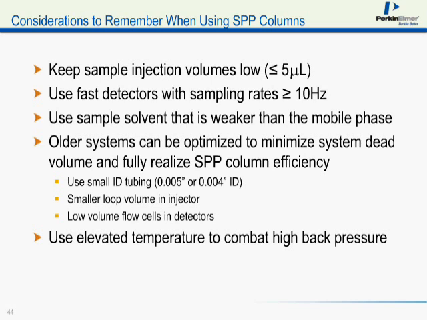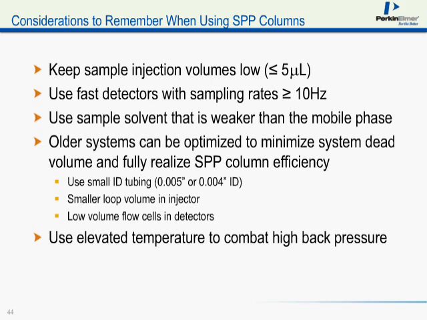To optimize a system, there are basically 3 things that you can optimize. The first thing to do is to use smaller internal diameter tubing. Some of your older systems will have 0.007 or 0.010 inch ID tubing running from the injector to the column and from the column to the flow cell.